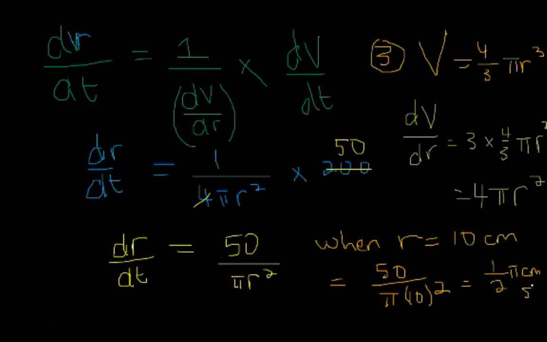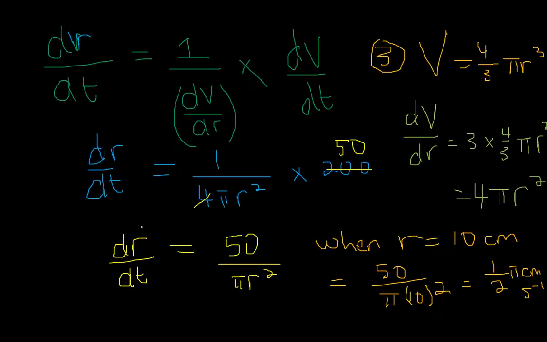Let me just put the per second here, per second. Why centimeters per second? Because it's the rate of change of the radius. So radius is in centimeters, time is in seconds. So that's centimeters per second.